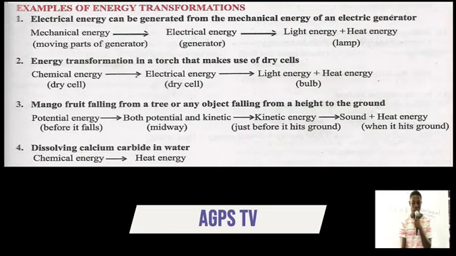It is white in nature. The calcium carbide contains the chemical energy. So here, the chemical energy will be converted to heat energy.